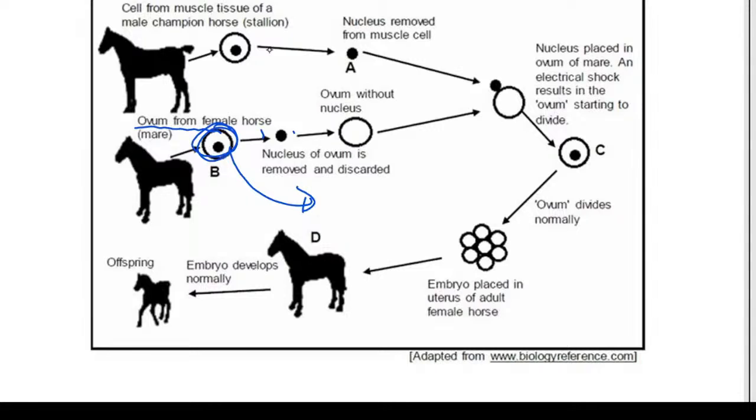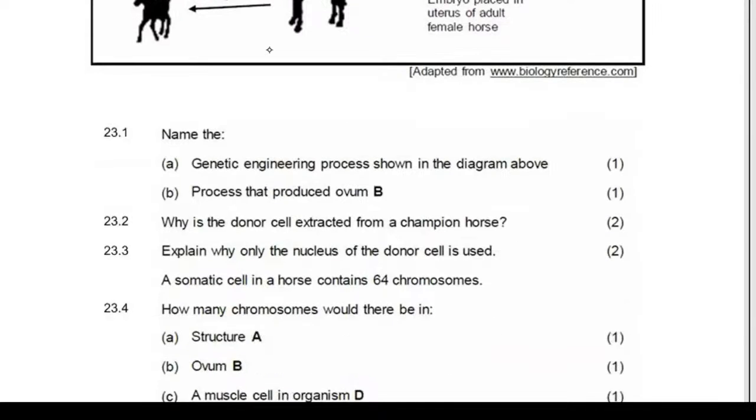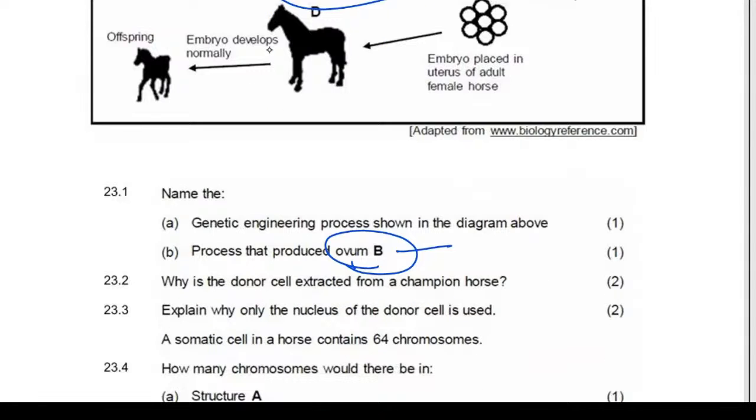How do we call the process which results in the formation of the ovum in actual sense? The process that produced B. So meaning that this B, ovum B, is a gamete. How do we call the process which results in the formation of a gamete?